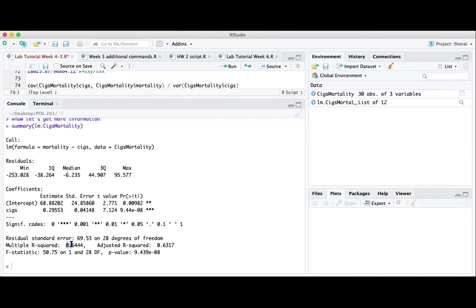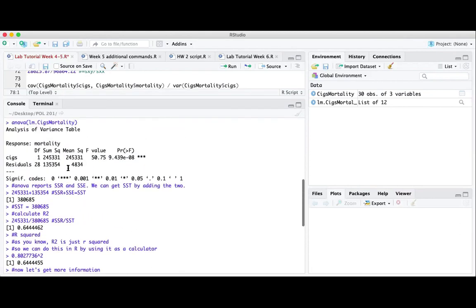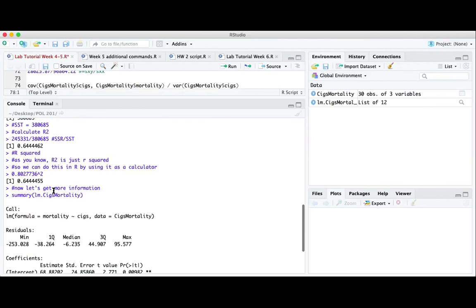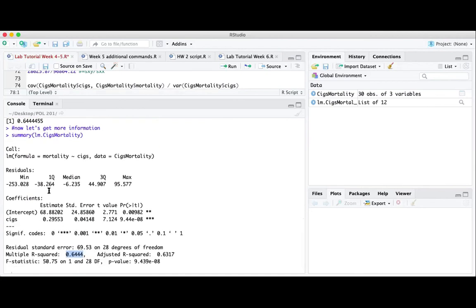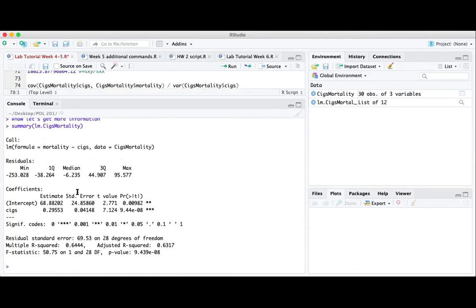That is also reported on this output, all right? B0, B1, and R squared. So again, when you use ANOVA, it doesn't give you R squared, but you already know what R squared is when you looked up your B1 and B0 values. It is reported right here. So as I said, don't worry about it.